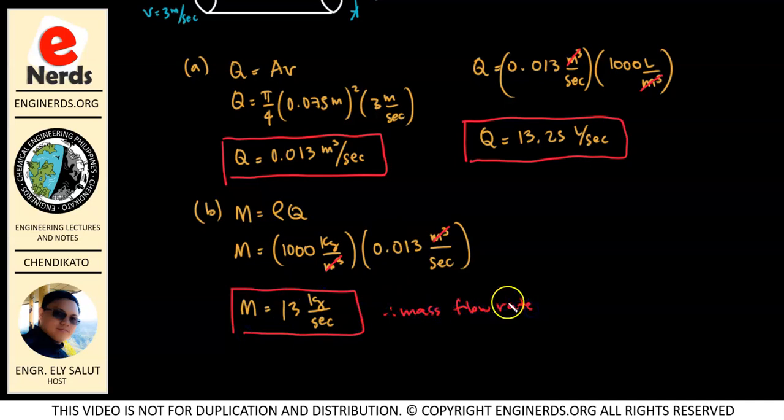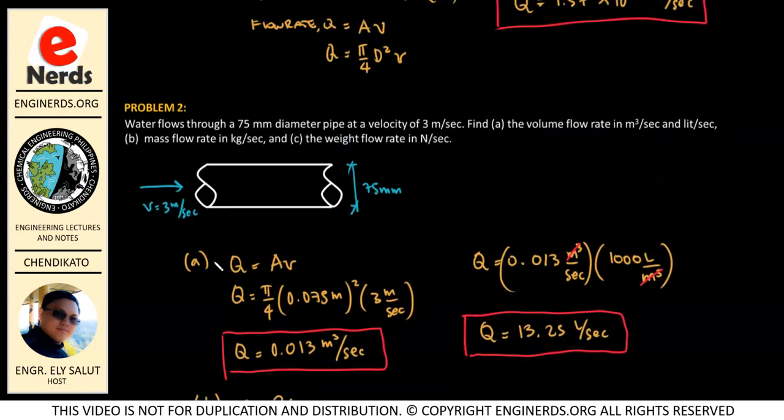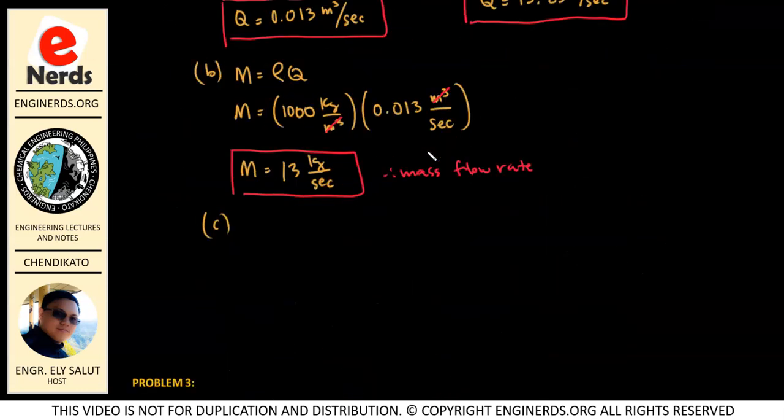Okay, so now we are going to answer letter C. What is our requirement in letter C? We need to get the weight flow rate in Newton per second. We get our weight flow rate by multiplying our Q, our volumetric flow rate, with our specific weight, or the unit weight.